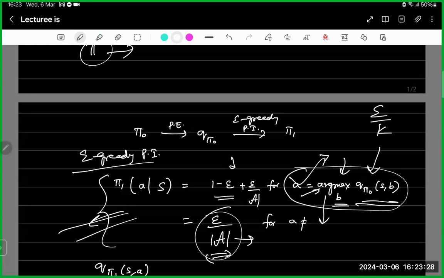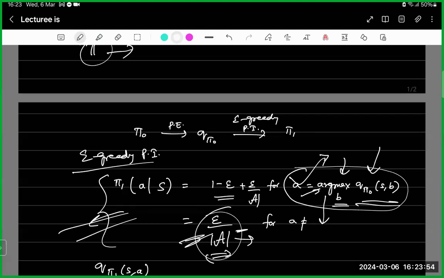Epsilon greedy is one epsilon soft policy, because every action has at least epsilon by k probability. Any action has this probability, so that means it's an epsilon soft policy. Even this particular action has this probability.